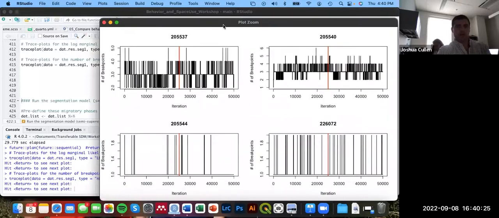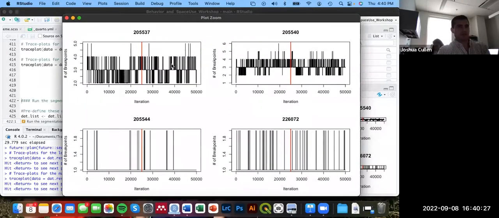So if I show this, it's a bit messy, but we see that in general for this first individual in the top left, it appears that it's typically estimating 3 breakpoints, although it jumps to 2 and to 4 pretty frequently. Same for this next individual in the top right, whereas these bottom 2 are almost entirely estimating only 1 breakpoint and occasionally estimating 2.